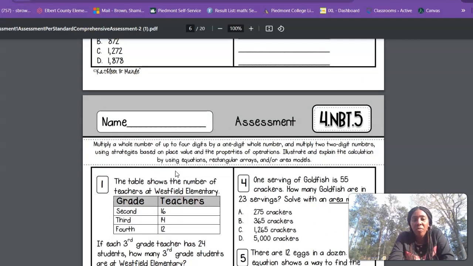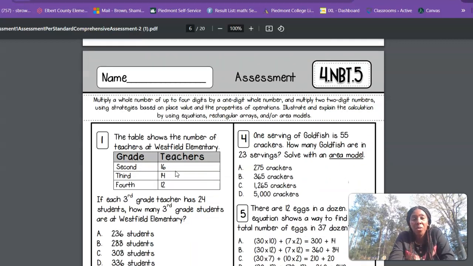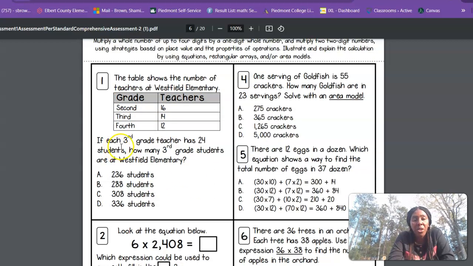And then this one is Friday. So however you want to do that. We may just do this one in class, but I'm going to just do it anyway on here. It says the table below shows the number of teachers at Westfield Elementary. So it has the grade and the number of teachers. It says if each 3rd grade teacher has 24 students, how many 3rd grade students are at Westfield Elementary?